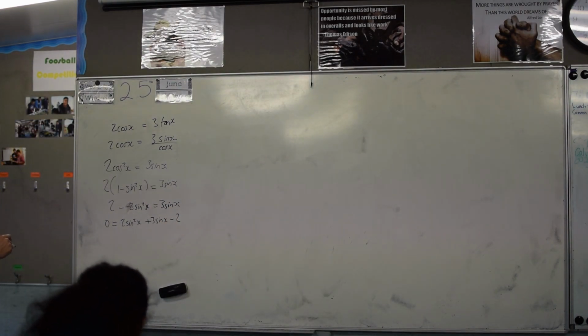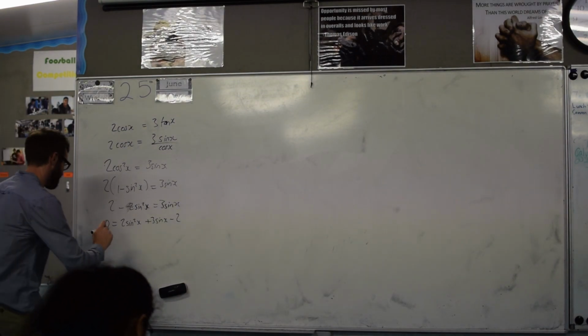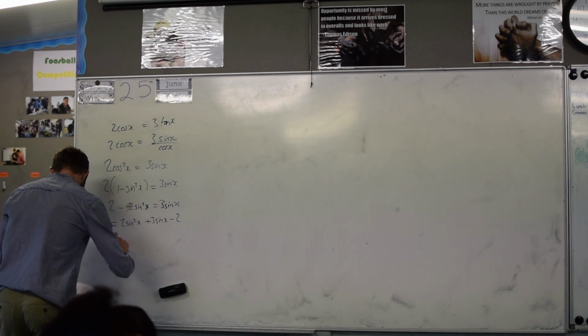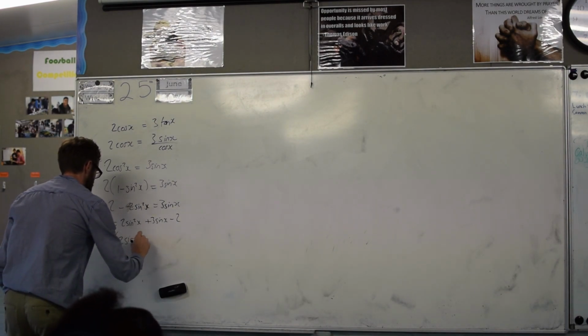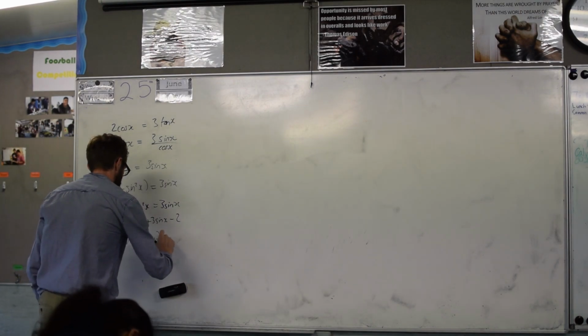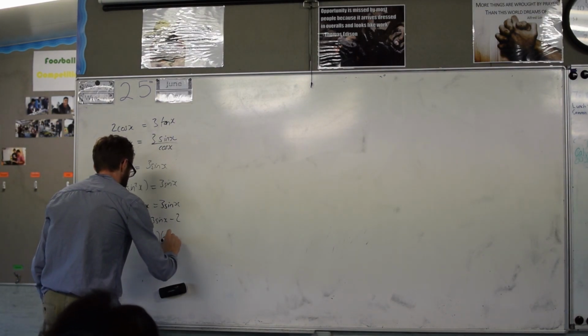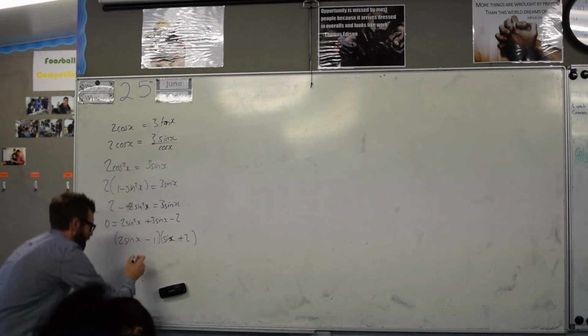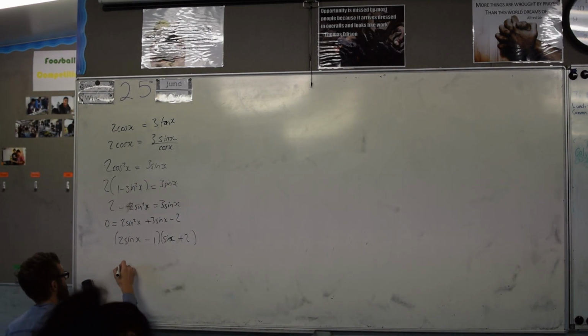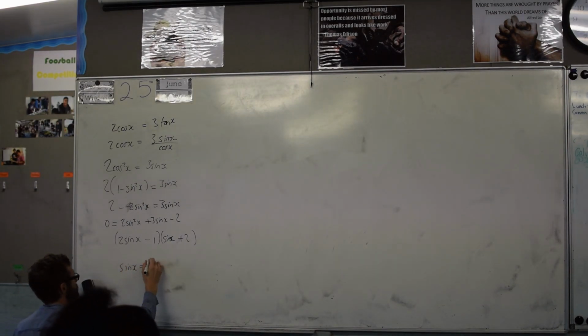Oh, that's the same one as the previous one. That's nice. So we have the same result again. So we factorise: 2 sine x minus 1 times sine x plus 2. And we know that we only got one result out of this last time, so sine x equals 1/2.